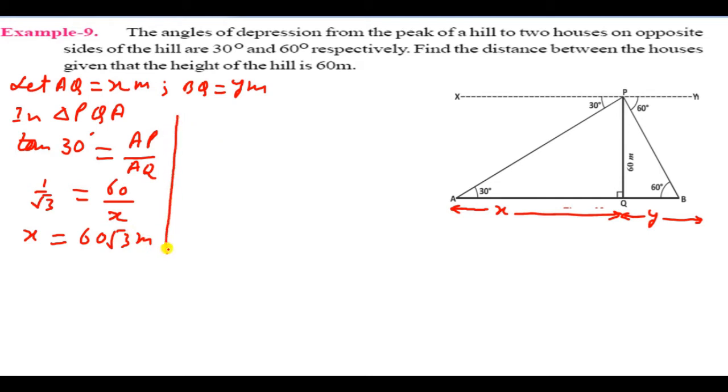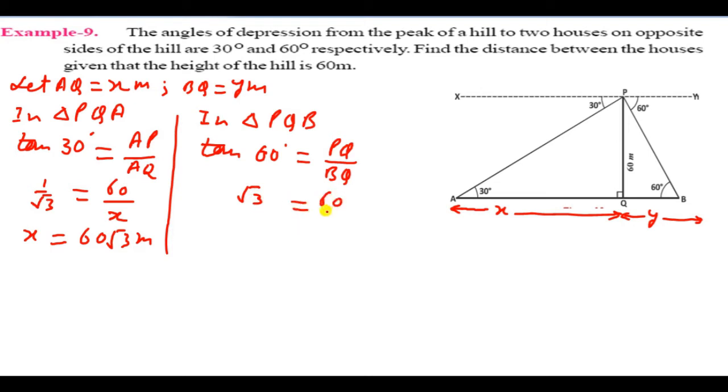Now taking the next triangle, that is PQB. Now tan 60 degrees is also perpendicular upon base, so perpendicular is PQ and base is BQ. The value is root 3, PQ is 60 and BQ is y.